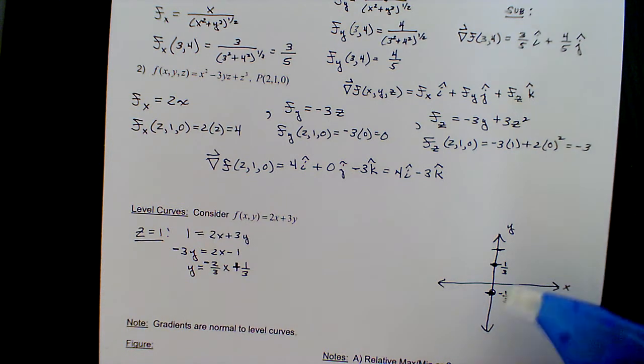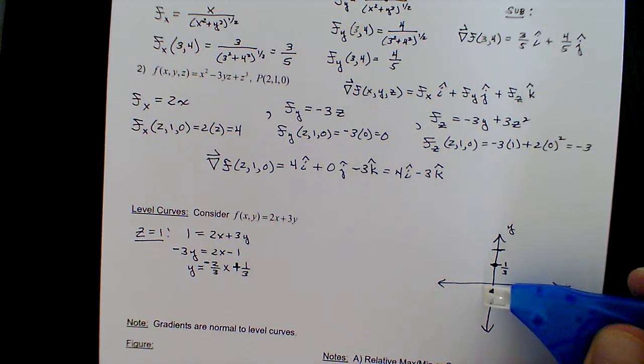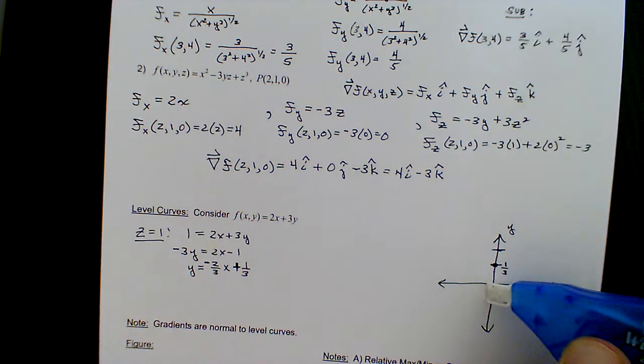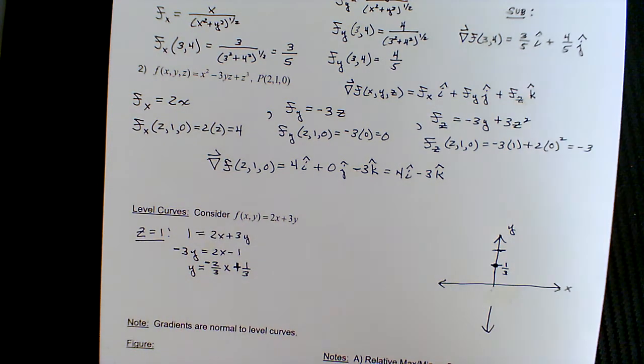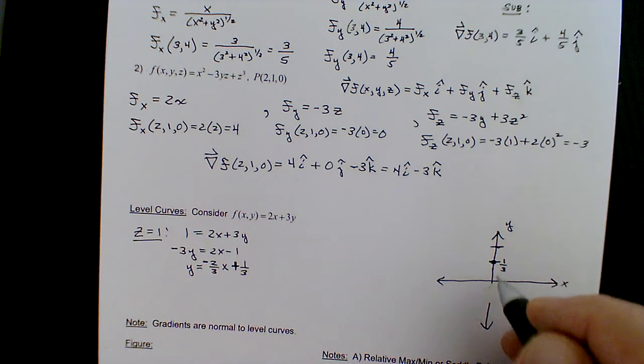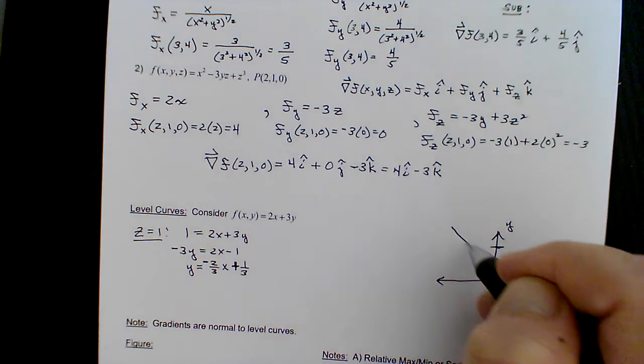So I don't need the negative 1/3, just get rid of that. And it passes through 1/3 with the slope of negative 2/3. So from there, say down to 3 over, I don't know, maybe here, it's just a straight line.